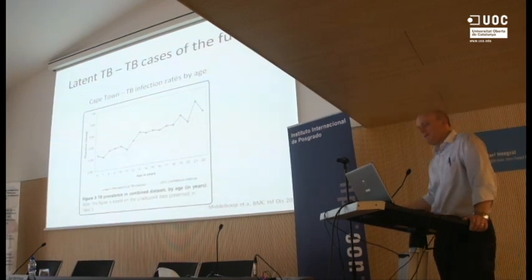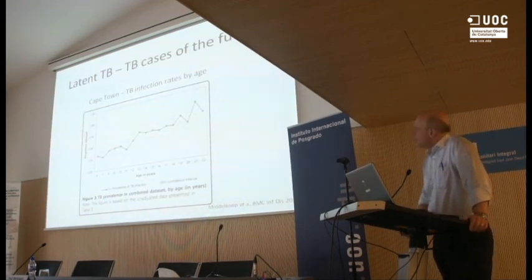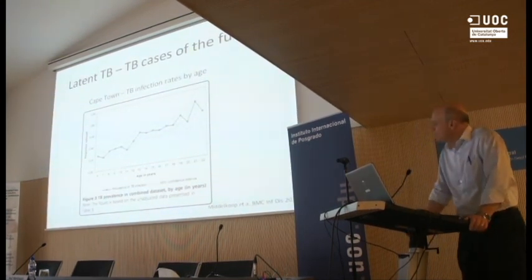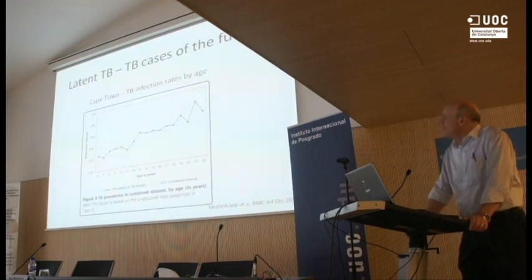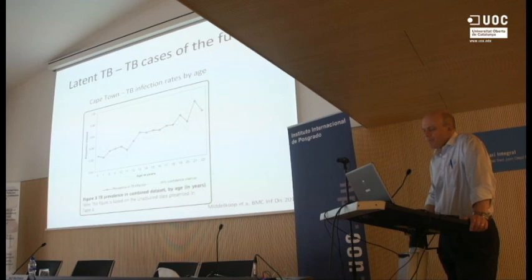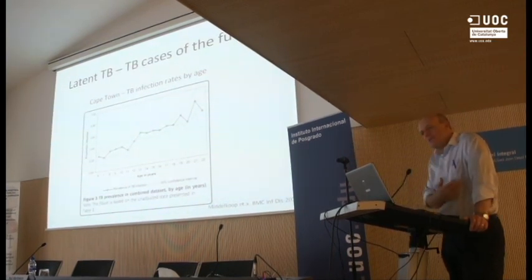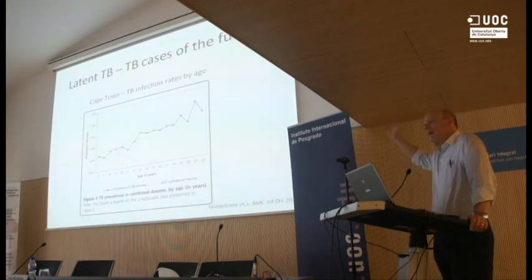And then of course latent tuberculosis. So I was telling you about Cape Town, which has this somewhat unusual epidemic even for South Africa. And this is work done by Robin Wood's group, and really it just shows the force of infection and how in the adolescent years, rates of tuberculin skin test positivity rapidly rise.